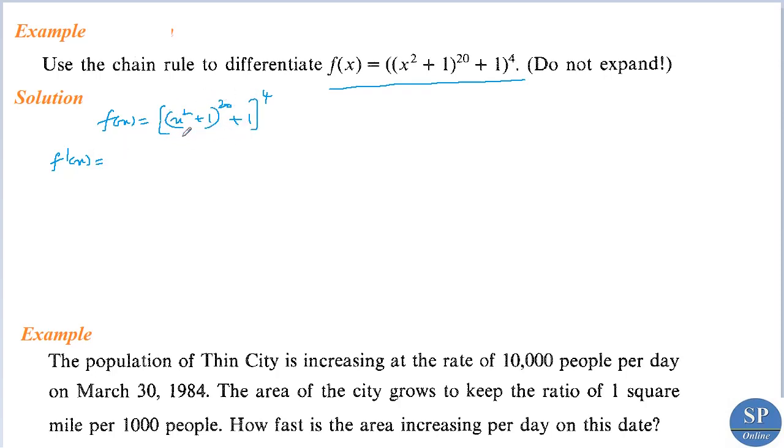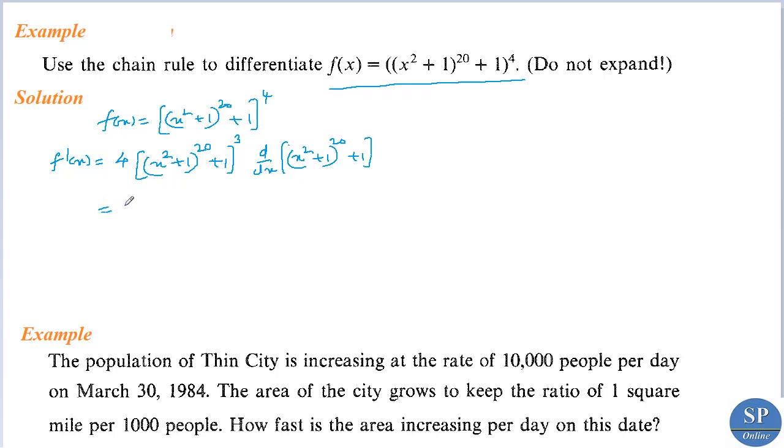So the derivative of u power 4 with respect to u is 4 into u power 3, that is 4 into x square plus 1 power 20 plus 1 whole power 3, into the derivative of this bracket, that is d by dx of x square plus 1 power 20 plus 1.